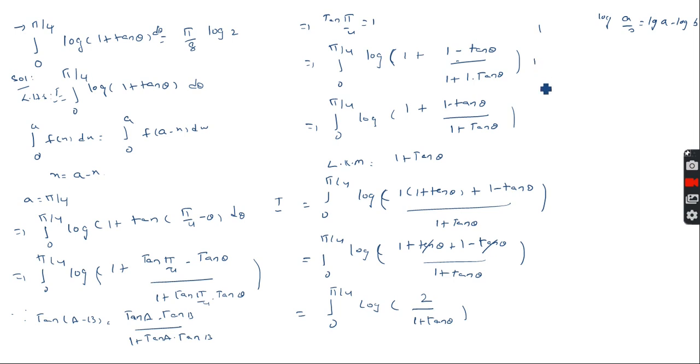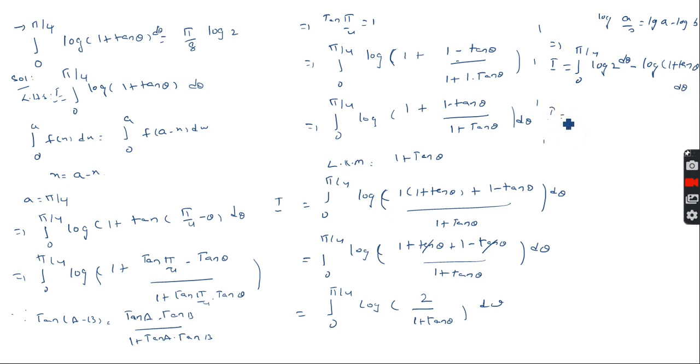So therefore I is equal to the integral from 0 to pi by 4 of log 2 d theta minus log of 1 plus tan theta d theta.